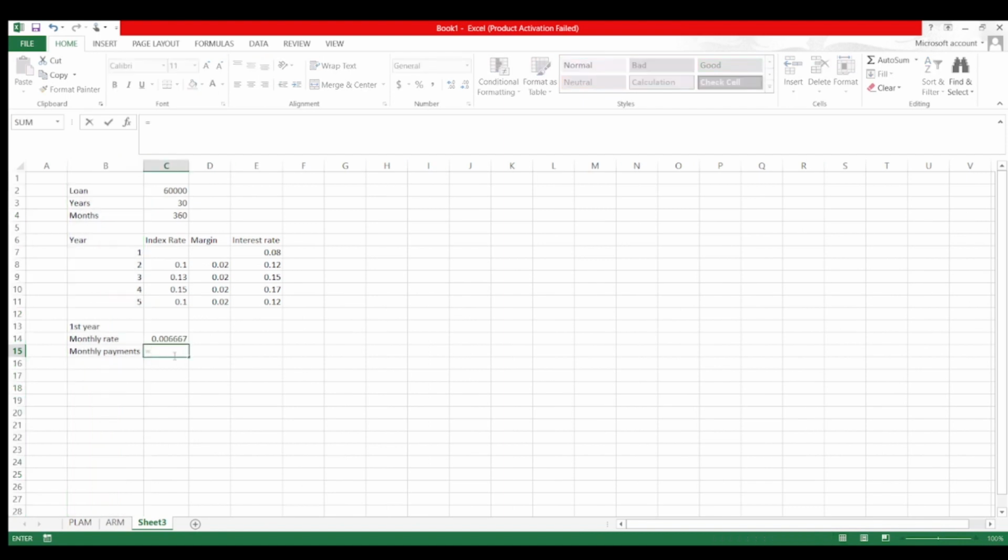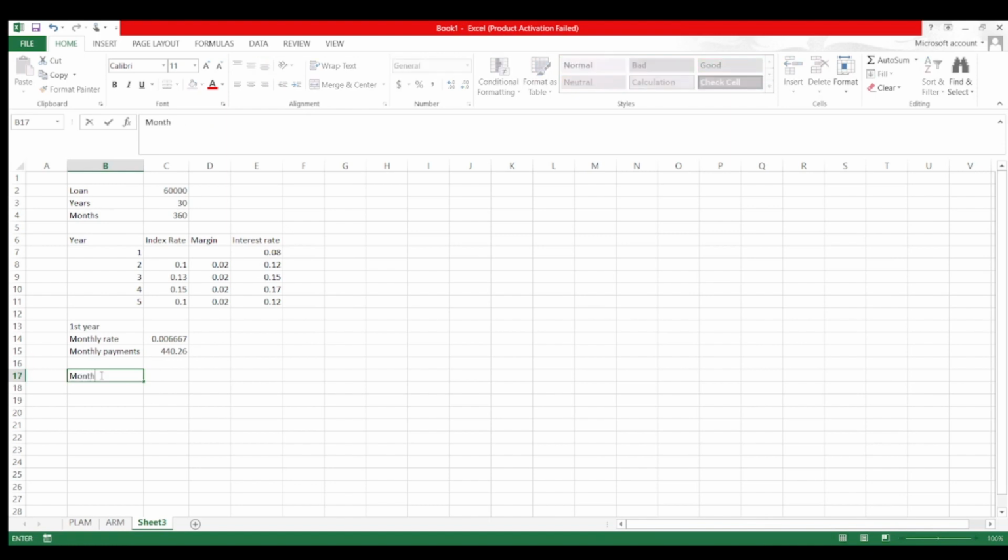To do that, we use the formula equals PMT, open brackets, take the rate, the number of periods for the whole loan term, and the loan amount, and close the brackets. So that's our monthly repayment. Let's just add a negative before the formula to get it as a positive number. Now with this information, you can create the amortization table.